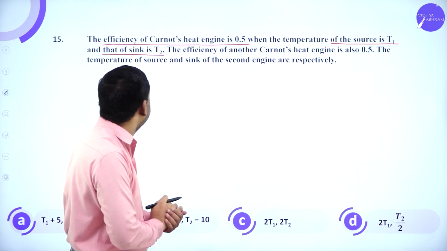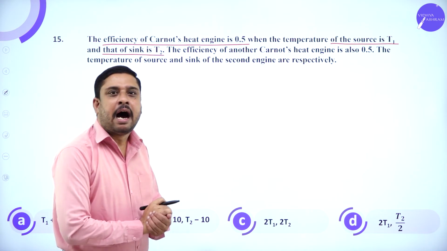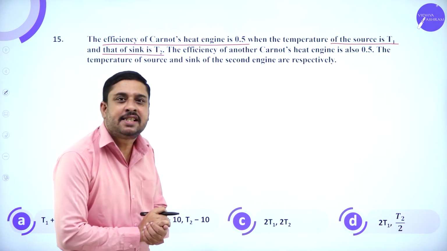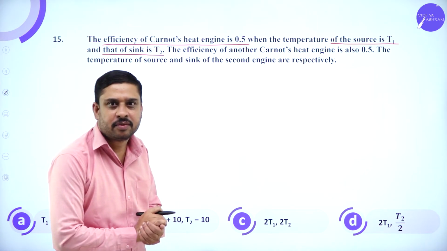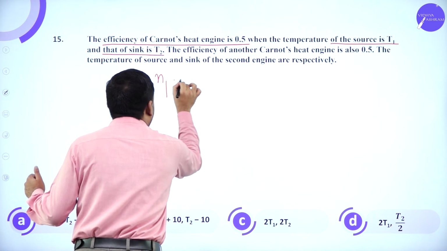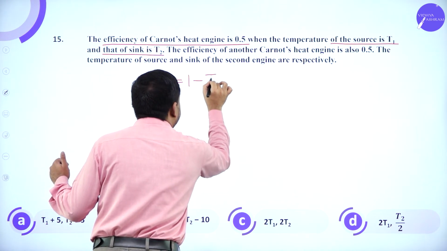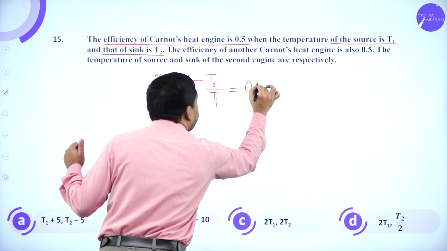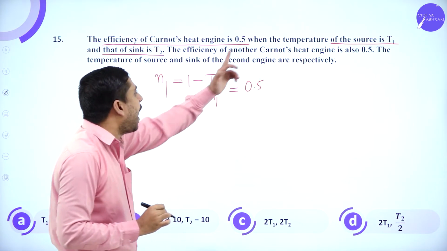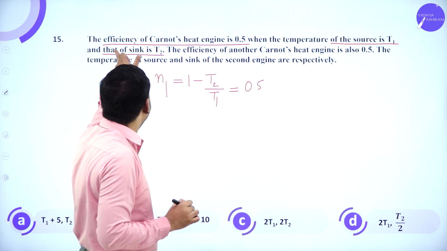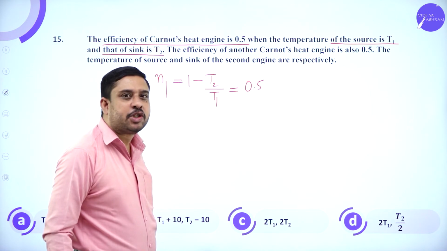He says there is a Carnot's engine whose efficiency is 0.5. So in the first case, eta 1 is 1 minus T2 by T1, which is 0.5, where T1 is the temperature of the source. T2 is the temperature of the sink.